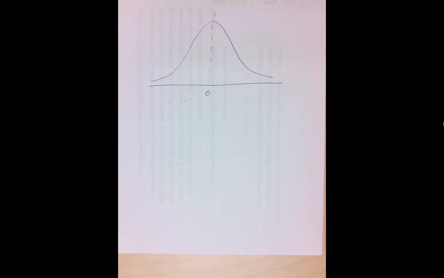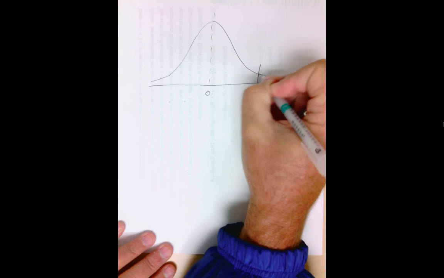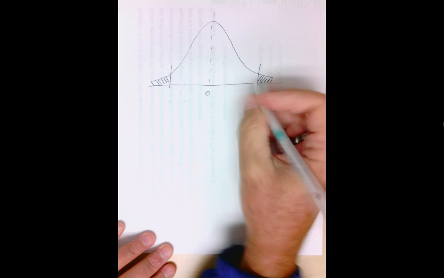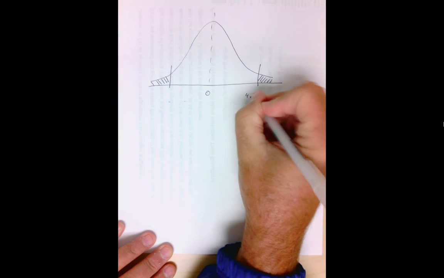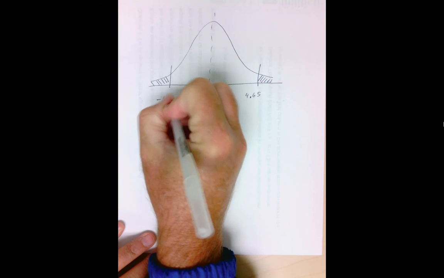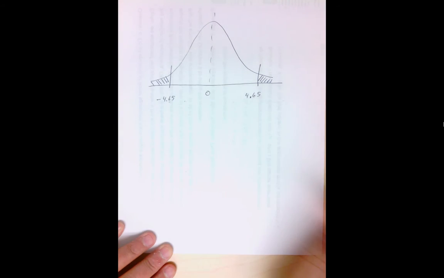So our standard error, based on this sample size, will be 0.407. To calculate the p-value, we're going to conduct two tails. We look at the area to the right of 4.65 and the area to the left of negative 4.65.